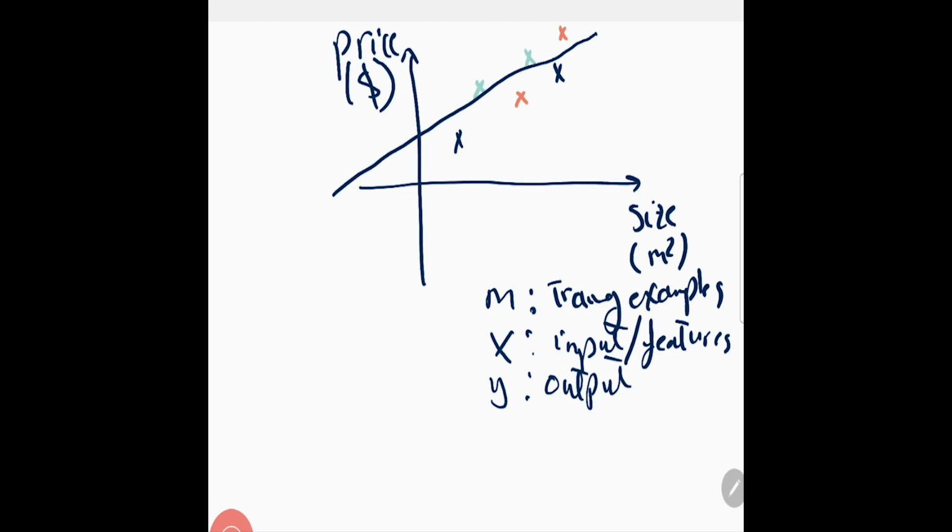So in order to solve this problem, we need to create a linear relationship here, or we need to estimate a linear function that could best represent the exact relationship between price and size. It is almost impossible to get a linear relationship that could accommodate all of these examples simultaneously.